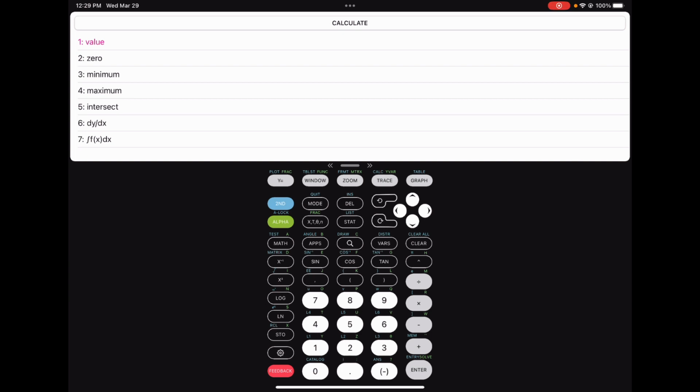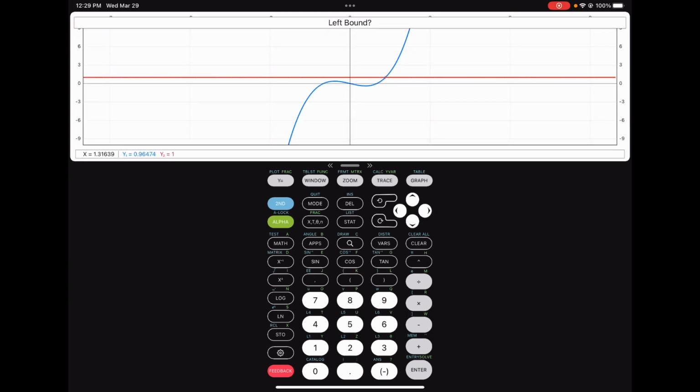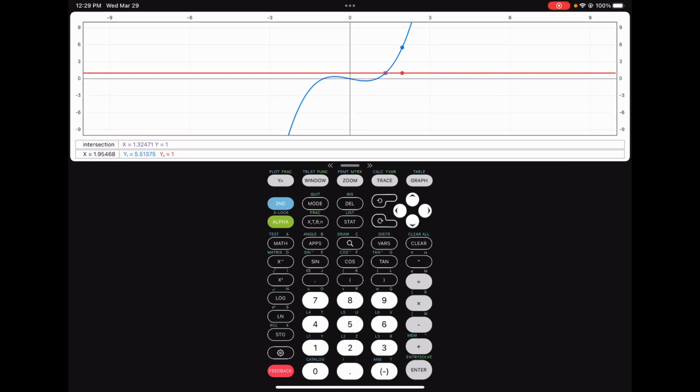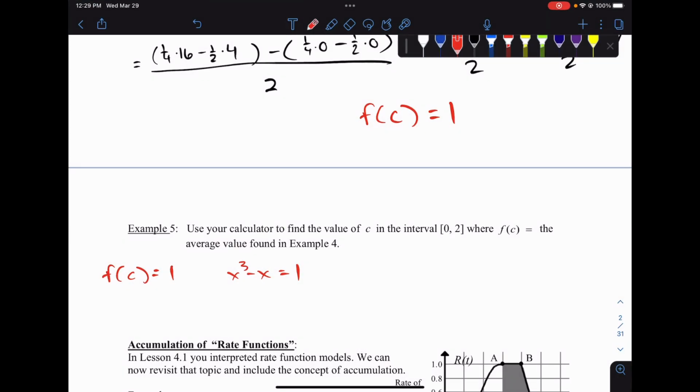So you go to calculate, intersection, and all you have to do is click on the left, and then go to the right. We've used this before. So it tells me that it intersects when x equals 1.324. So I would say the c value is 1.324, where it's going to equal 1.